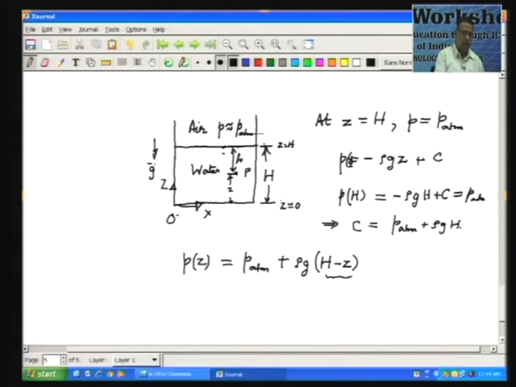So, H minus z is small h, which is the depth of this point P below the free surface. So, we can say that it is P atmosphere plus rho g into h. Now, this rho of course is the rho of the water. So, you see that the pressure increases with depth as you go downwards, and it is a linear increase.